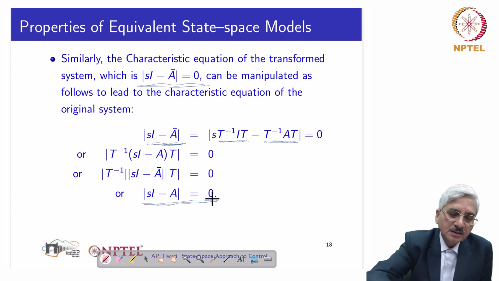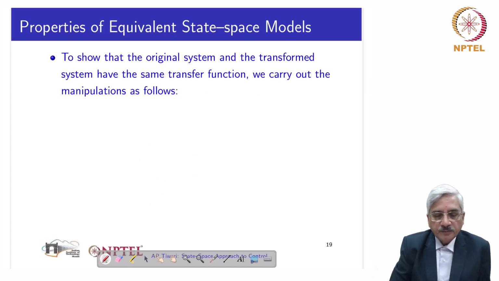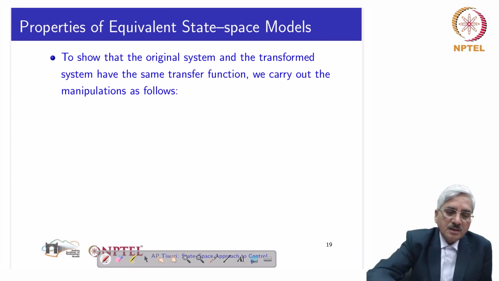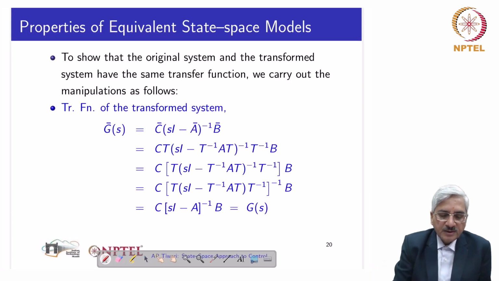Now to prove the other thing, that the original system and the transformed system both have the same transfer function, we do some mathematical manipulations like this. We start with the transfer function of the transformed system.